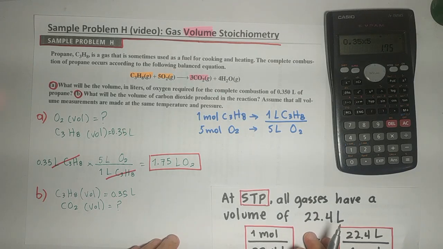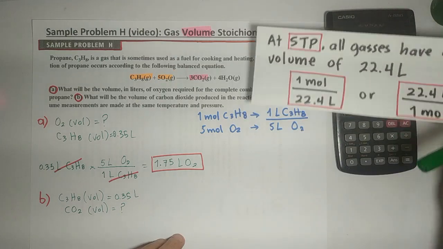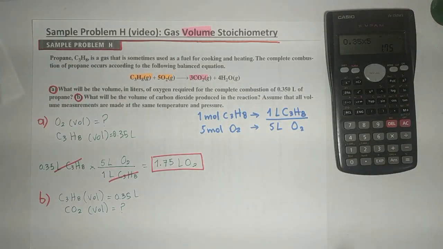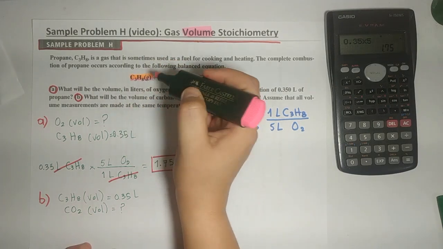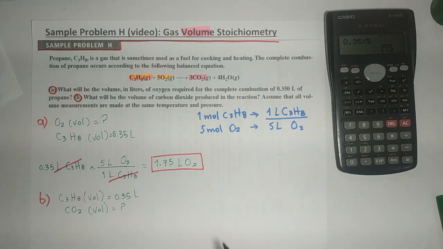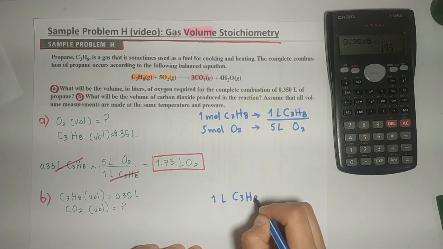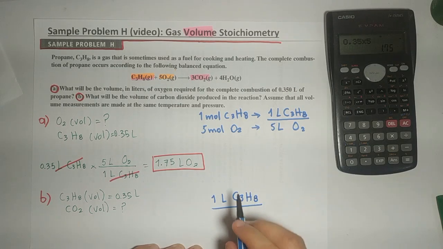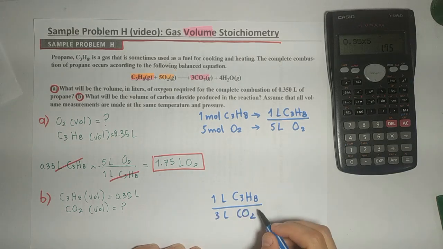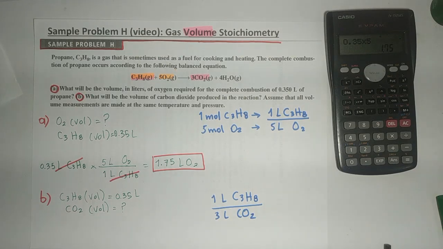So now I will place this here. Now the volume relationship will be between carbon dioxide and the given, that is propane. So I will have 1 liter of propane versus 3 liters of carbon dioxide. As in every chemistry problem, we always start with the given.